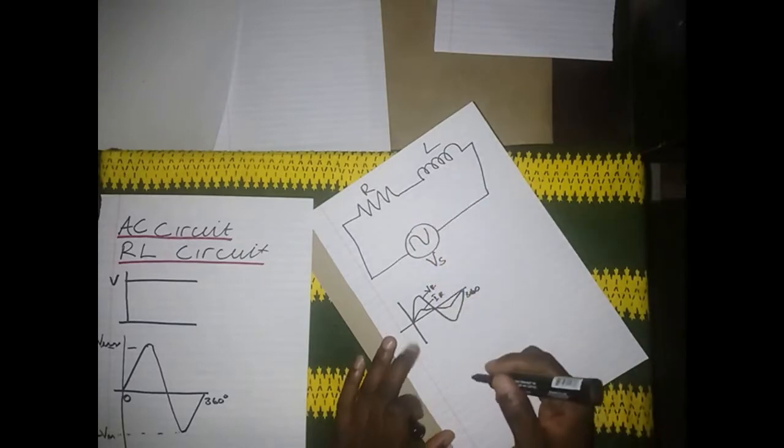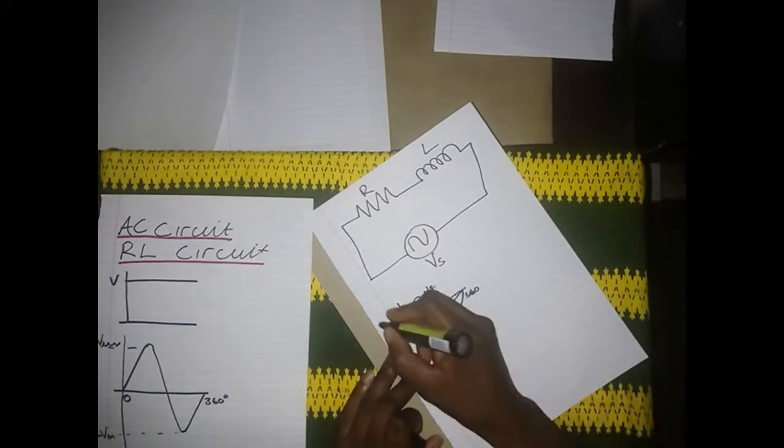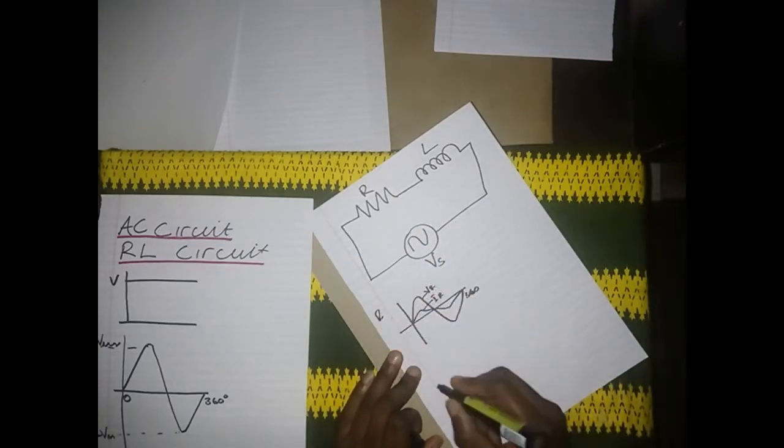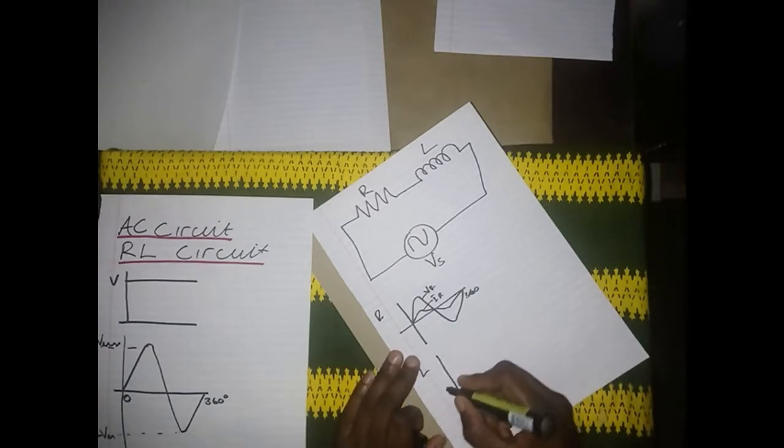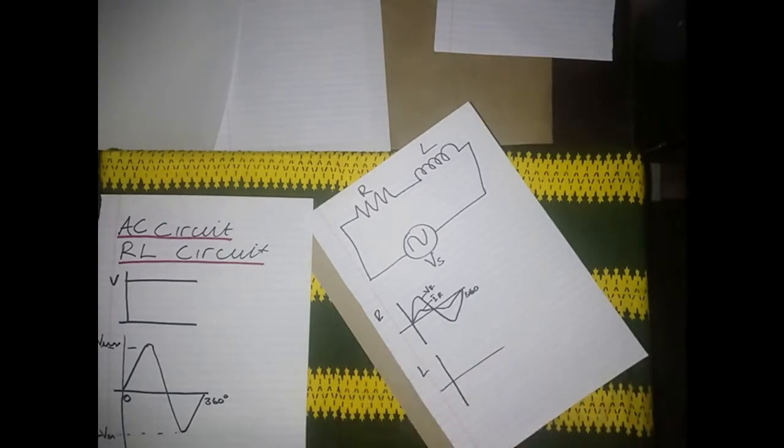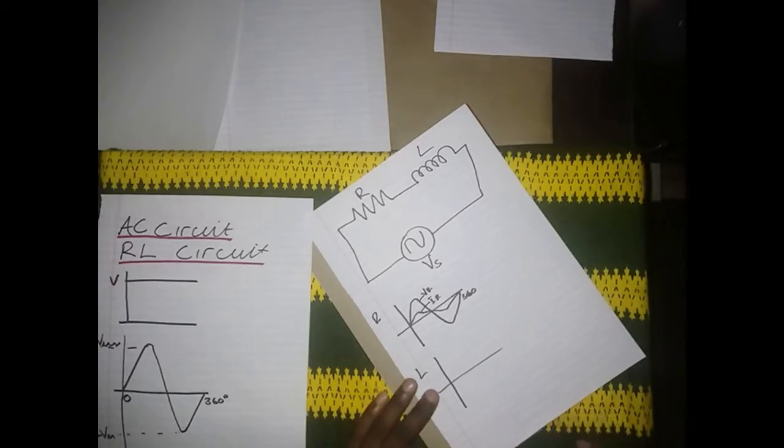But now when the current passes through the inductor, it's different. The current is going to be lagging the voltage by 90 degrees.